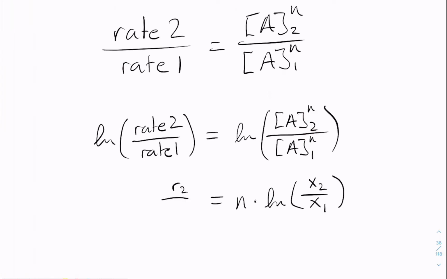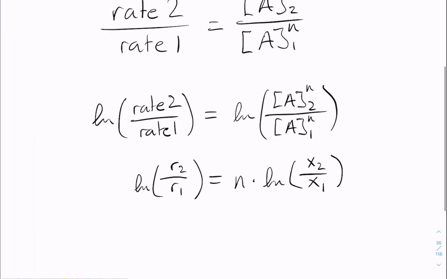This is going to be R2 over R1. So now we've got n here multiplied by this, and we can take both sides and divide by the natural log of x2 over x1.